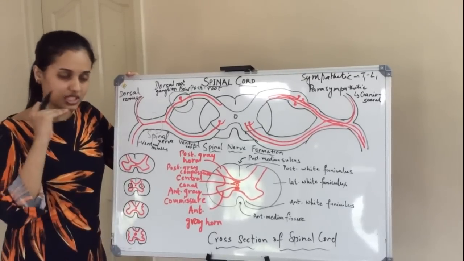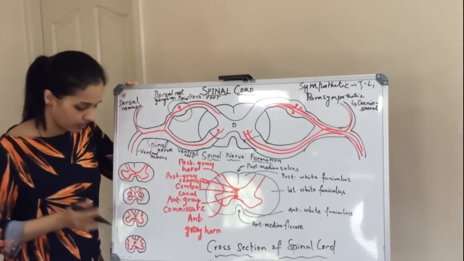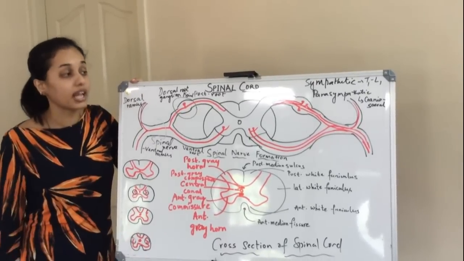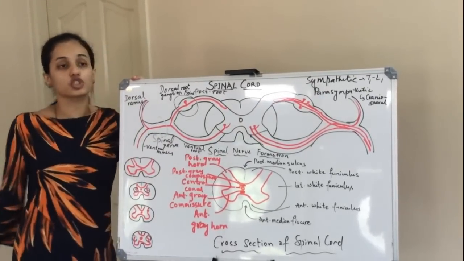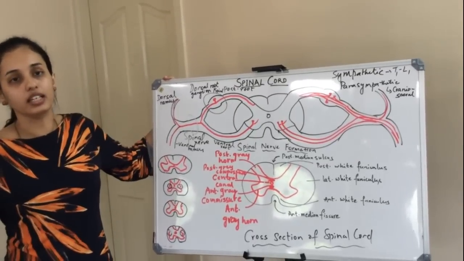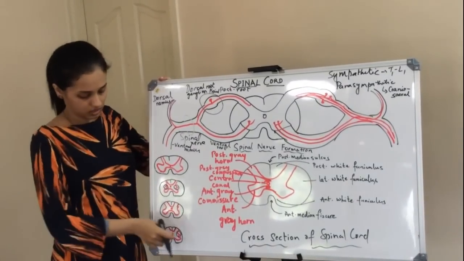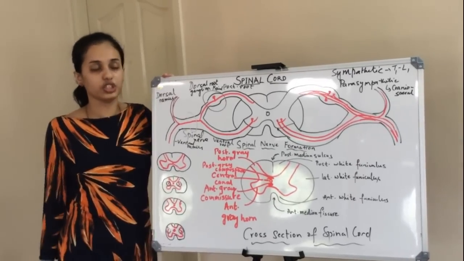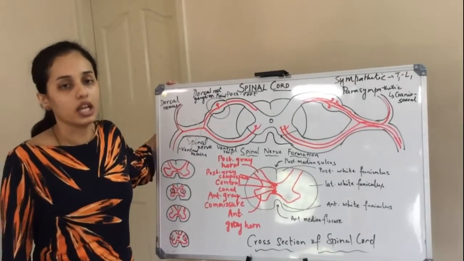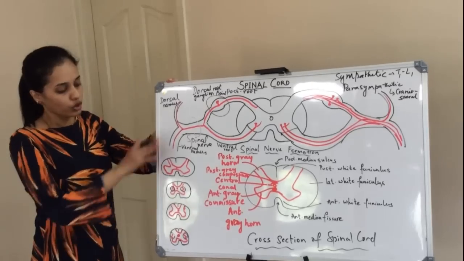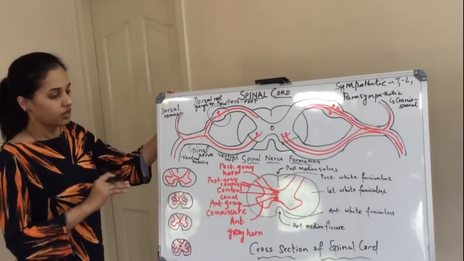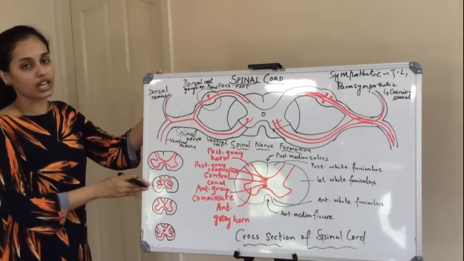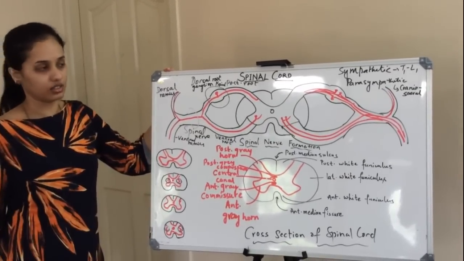Along with that, if the section is taken at S2, S3, S4 level, you can see a lateral horn which gives rise to parasympathetic nerve fibers, called the pelvic splanchnic nerves. The parasympathetic nerves arising in the sacral region are given the special name pelvic splanchnic nerve. So this is how you identify each section at different segments, whether it is cervical, thoracic, lumbar or sacral.